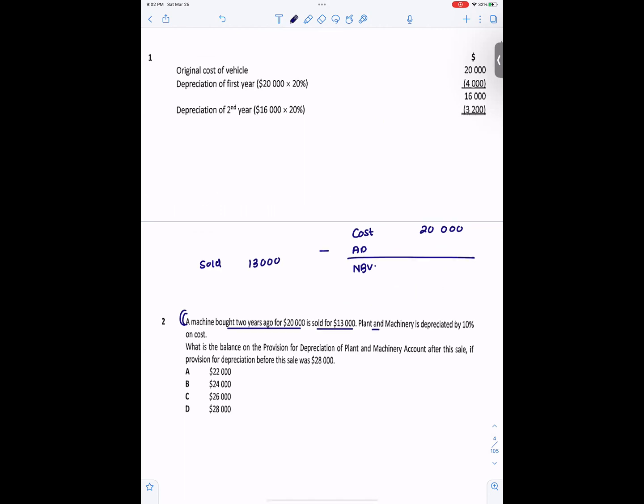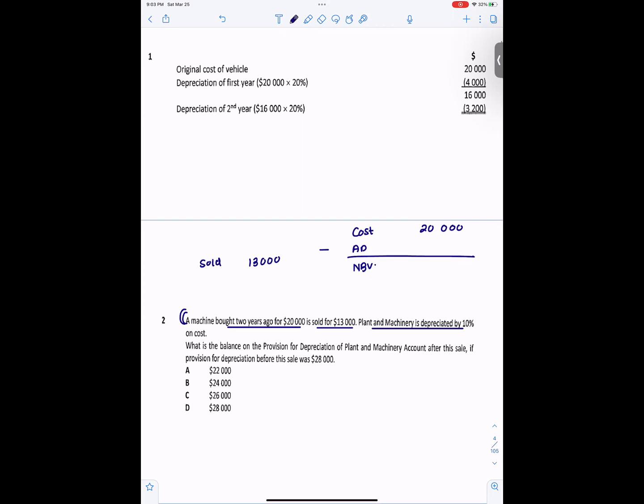Hey, miss, this came in our paper. Plant and machinery is depreciated by 10% on cost. So this was bought 2 years ago, and plant and machinery is depreciated at 10% on cost. So 10% of 20,000 will become how much? 2,000.